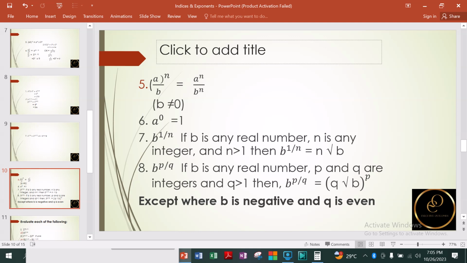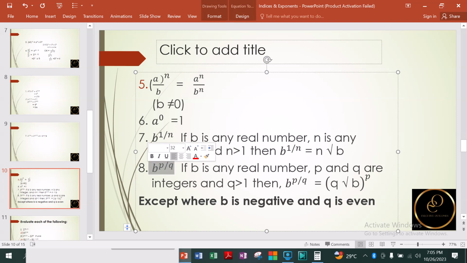You have base b raised to p over q, where b is any real number and p and q are integers, and q is greater than 1. Then this particular expression is equal to, you write it in this manner. So let me again use this one and show you how this is done.